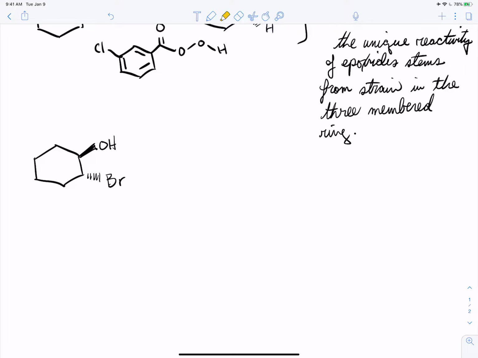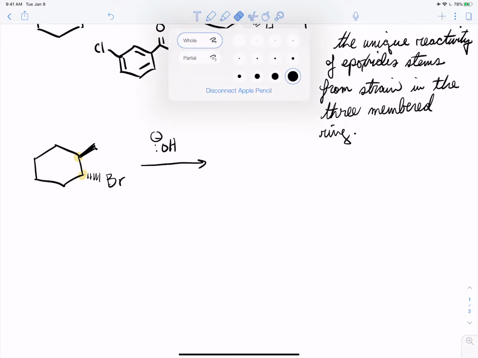You start with a halogen and an alcohol on carbons that are right next to each other. And then you can take this and just add in some base and get this reaction to go.